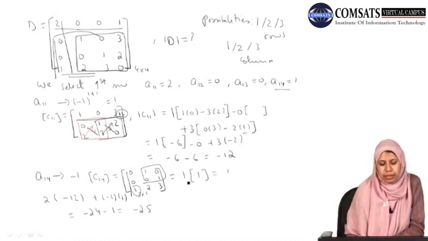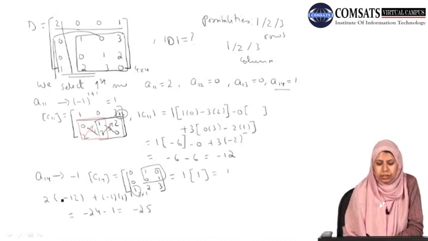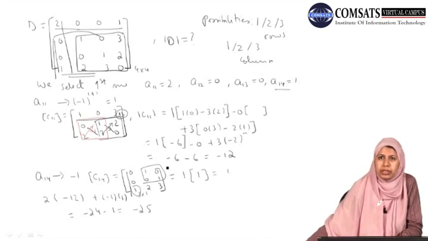Then we took the product of the respective entries with their cofactors, the entry A11 with the cofactor minus 12 and the entry A14 with the cofactor minus 1. Adding all these products, we obtain the determinant of our matrix of order 4 by 4.